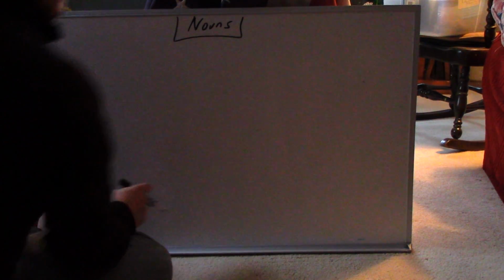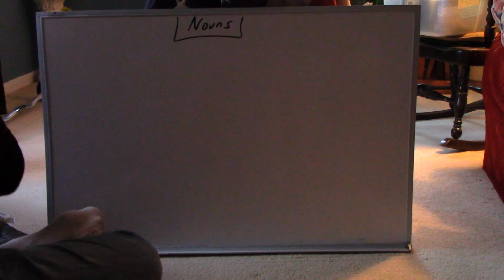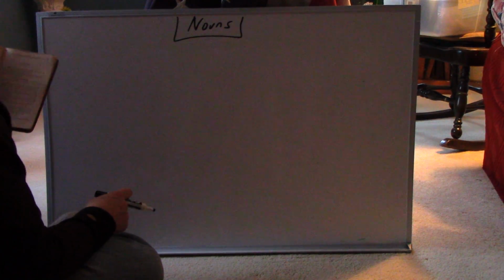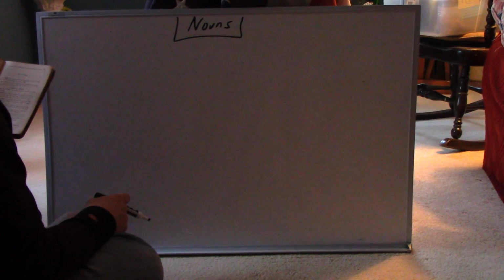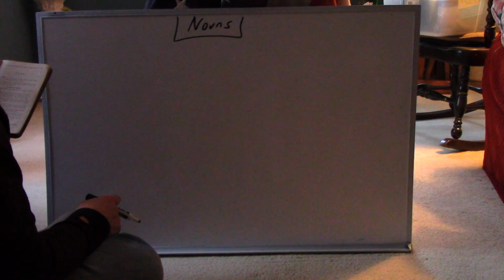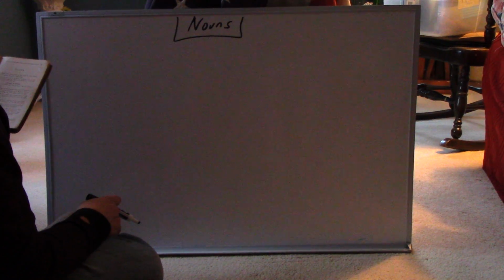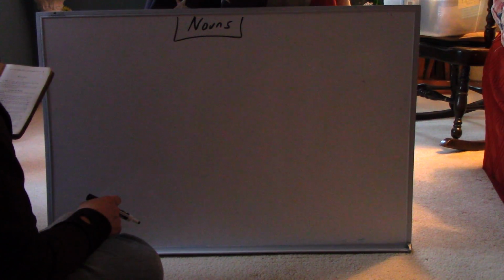What is a noun? What is a noun? It says, in my little old book here, a noun is a word used as the name of anything, such as James, Anna, boy, girl, river, truth. Right? So words used as the names of anything.